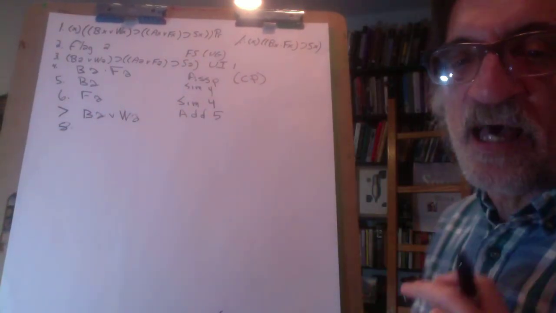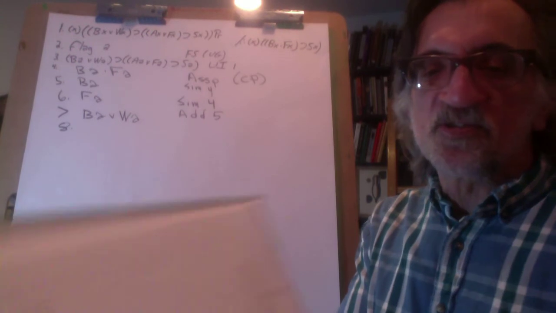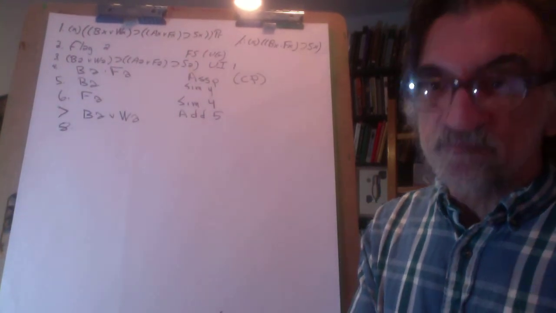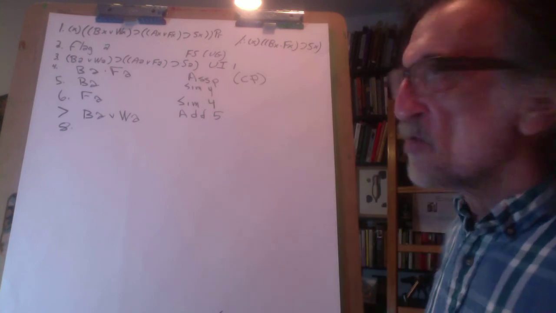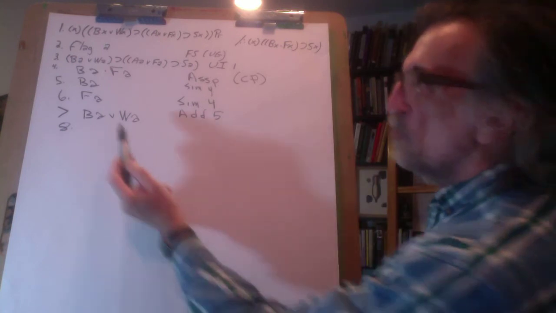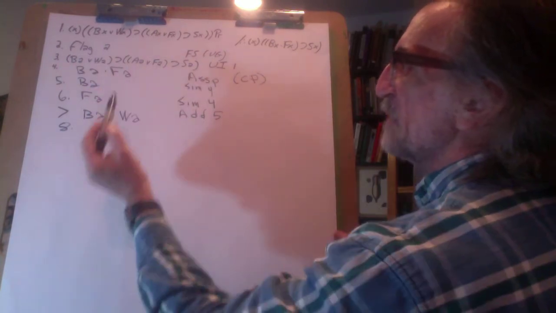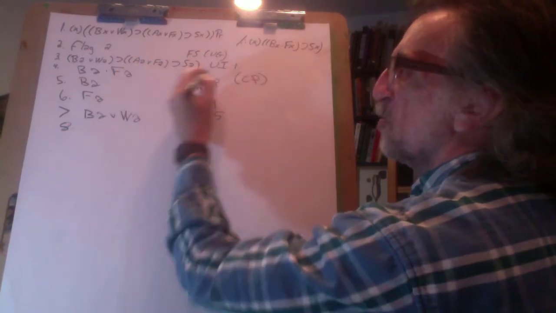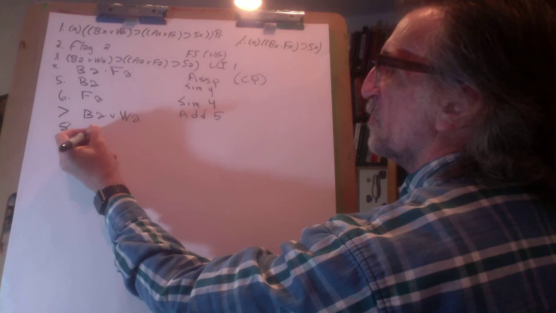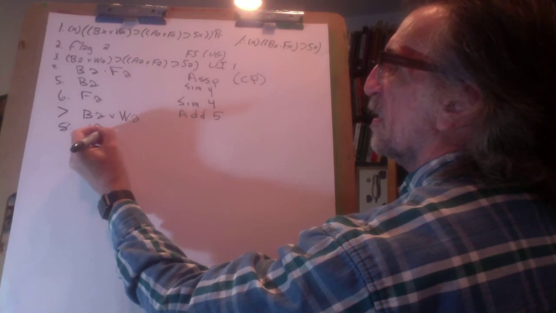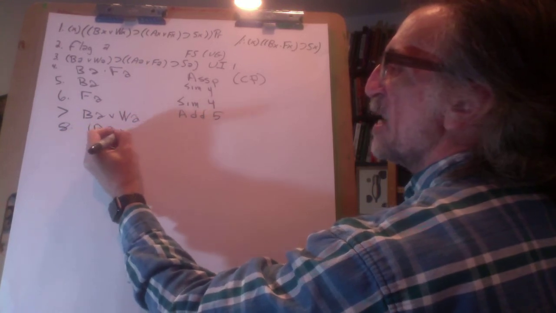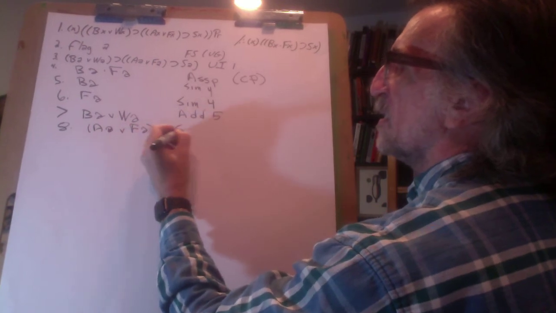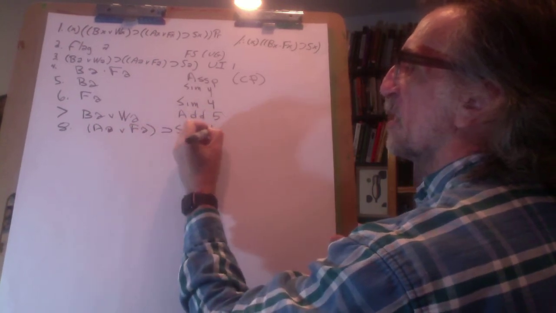But we see that for the purpose of this conditional statement that we want to use, we want to be able to use modus ponens. So we add to the BA, we get BA or WA, and we infer this whole consequent: if AA or FA, then SA.